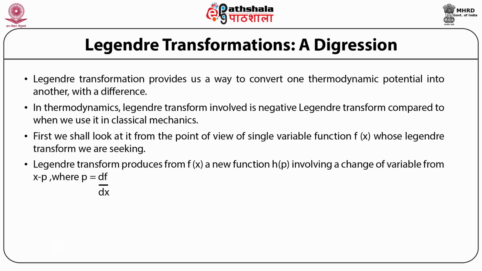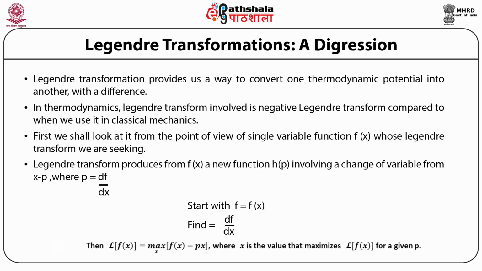The new function h(p) has the same information as f(x), so that it can be transformed back. The steps are: start with f(x), find df by dx, then the Legendre transform of f(x) is the maximum over x of f(x) minus px, where x is the value that maximizes the Legendre transform of f(x) for a given p.